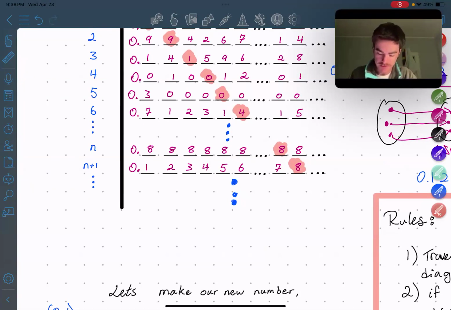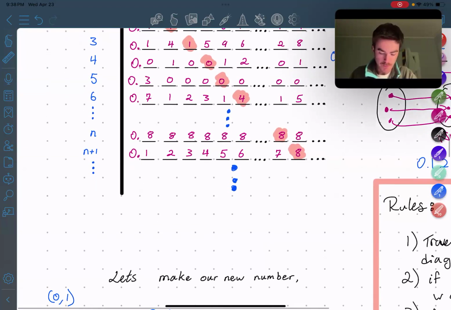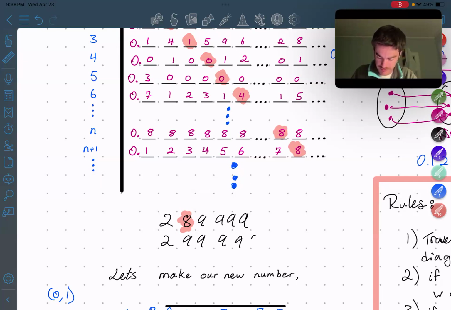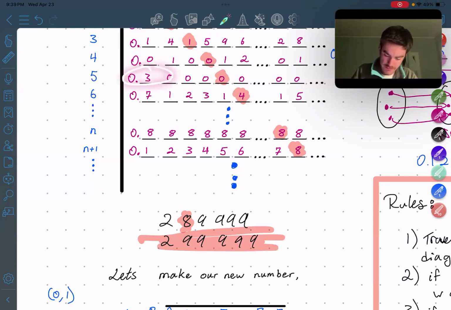If all of a sudden I had a number that was like 28999, and I changed this guy to 9, and I'm just following my normal diagonalization, but all of a sudden this number right here, that's the same as this guy up here. That's just 0.3, assuming these 9s are repeating.